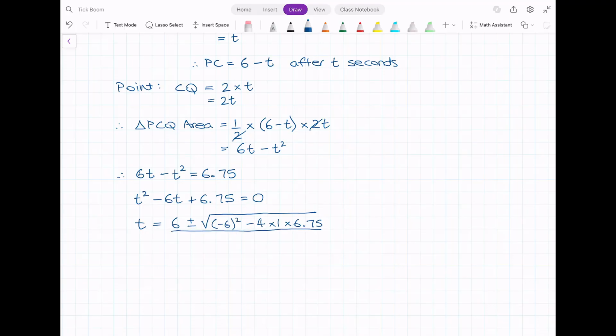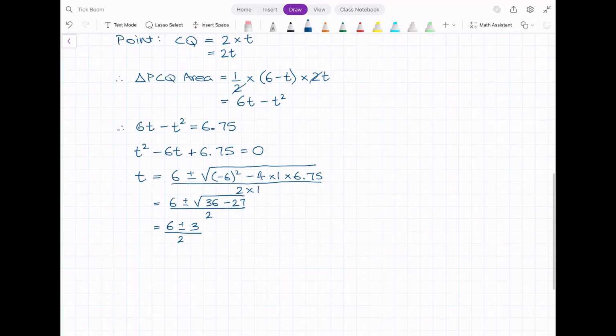And that will all be divided by 2a, or 2 times 1. So that will leave us with 6 plus or minus the square root of 36, and 4 times 6.75, that will give us 27, all divided by 2. So 6 plus or minus 36 minus 27 is 9. The square root of 9 is 3, divided by 2.